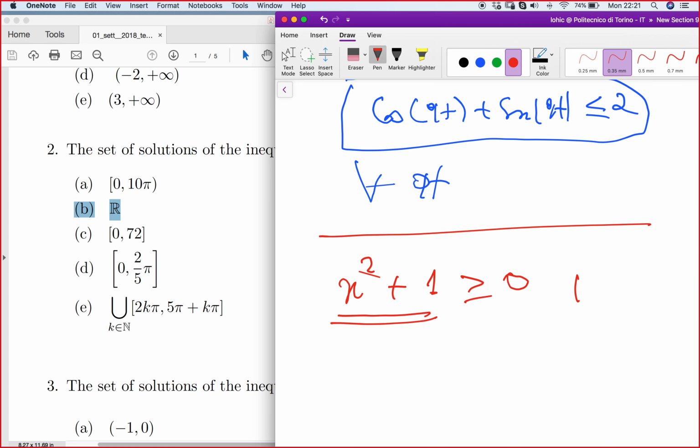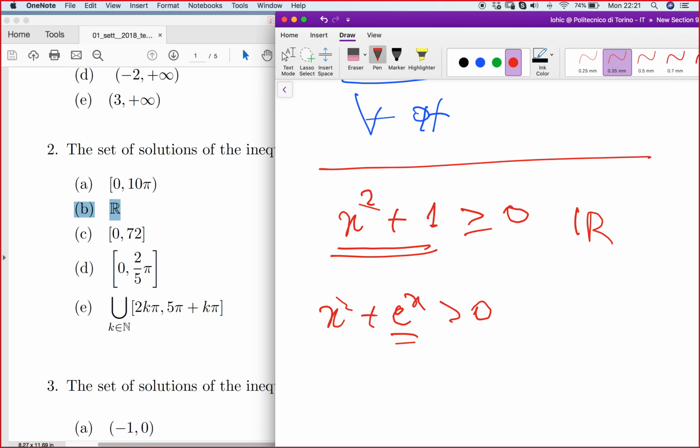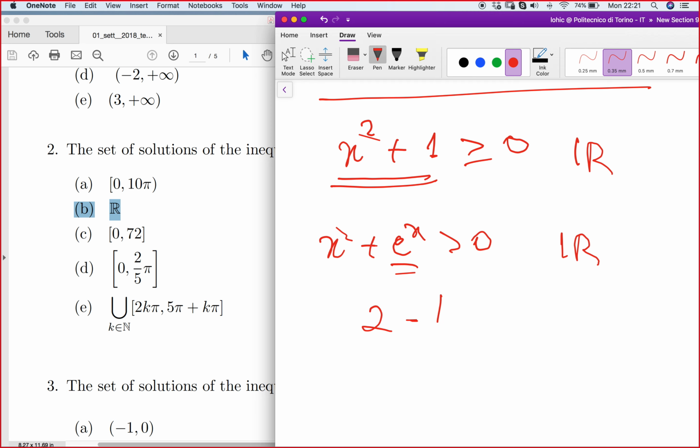So also the solution here will be R. Or maybe I ask you to solve x squared plus exponential of x greater than 0. You know that the exponential of any quantity is always positive, right? And x squared is positive. So the sum of two positive quantities will always be greater than 0. So also the solution here will be R. Okay? So the answer here is 2B.